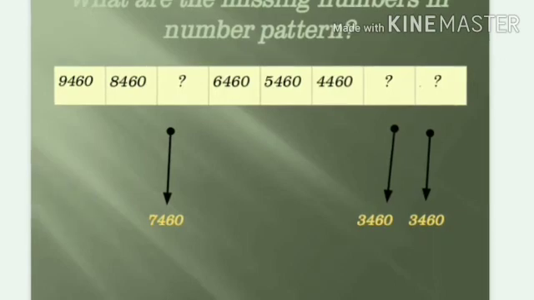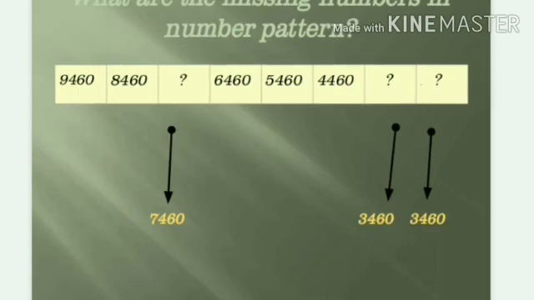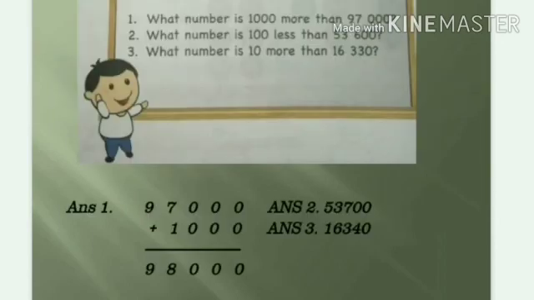When you subtract 1000 from 8460, you will get the next term, 7460. Again, when we subtract 1000 from this number, you will get 6460. By subtracting 1000, you will complete this number pattern. I'm going to turn to the next slide. Hope you get my concept.